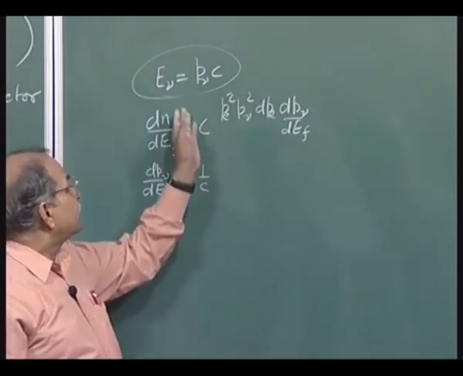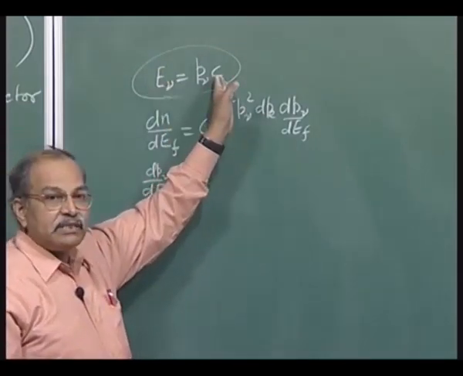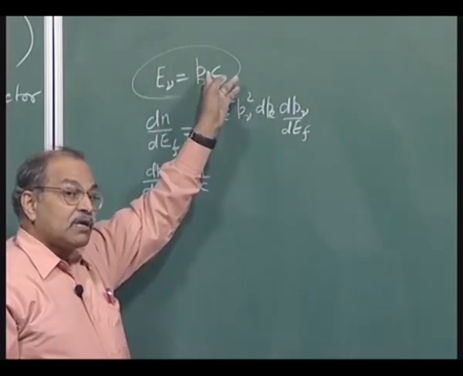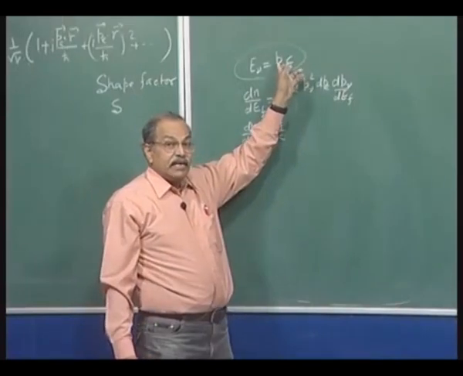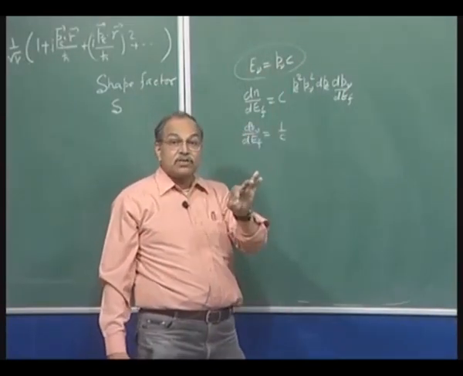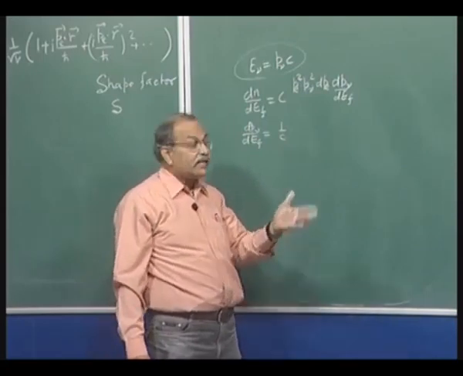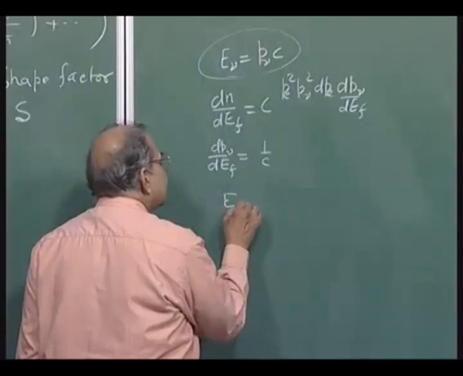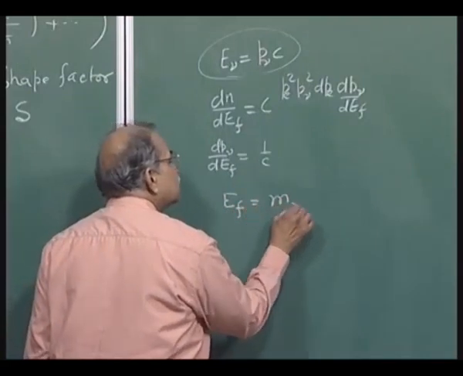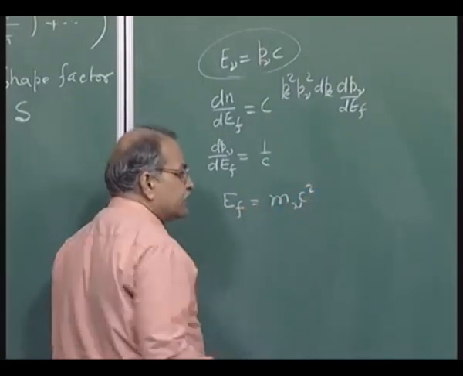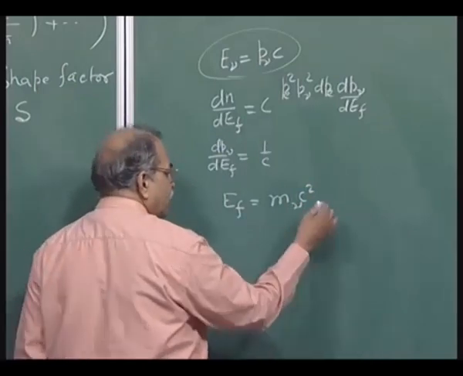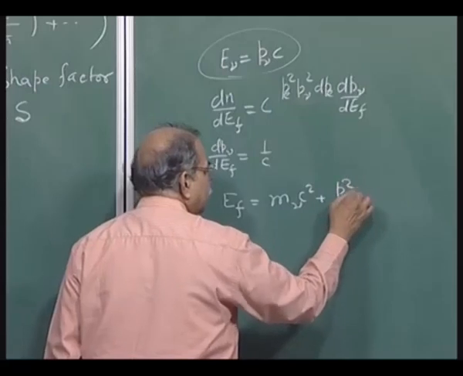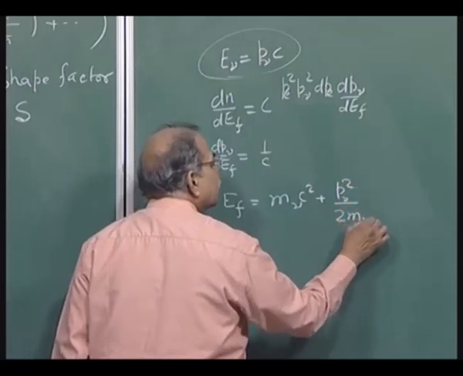Now, this relation E_nu equal to P_nu into c will not be valid if the neutrino has a rest mass energy and the total energy available to the neutrino is comparable to that. In that case, one should write E_nu as m_nu c squared, and since the kinetic energy is small, one can write it as P_nu squared over 2 m_nu.